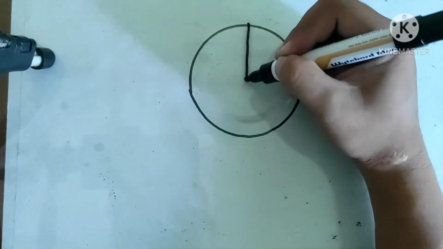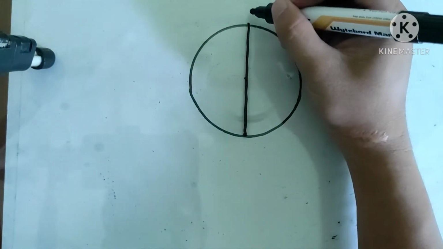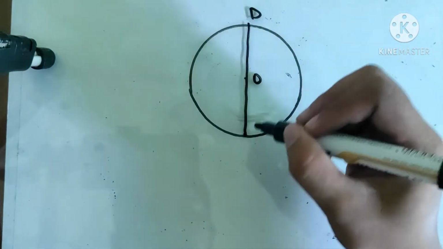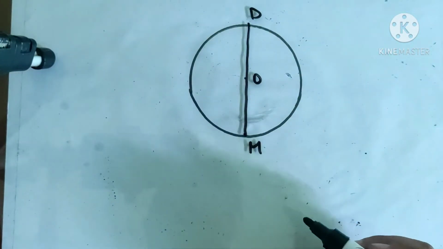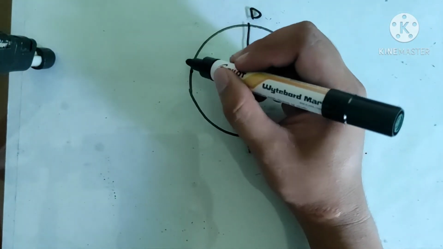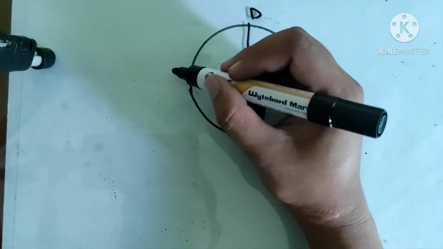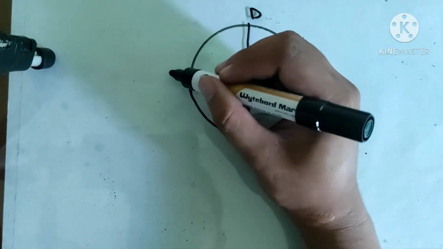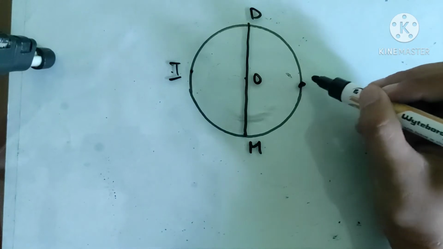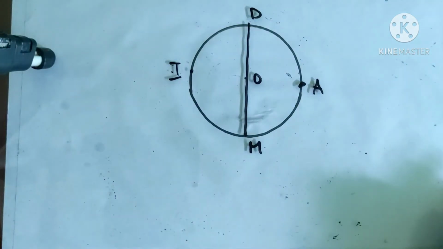So, for example, we have the diameter line DOM, with any points here at the circle. We have I and A. Okay? So, meron tayong semicircle with the arcs na DIM at arc DAM.